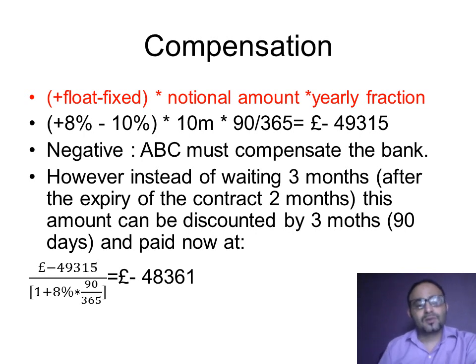So that makes it minus 49,315 divided by 1 plus, and we discount by the spot rate at the date when the forward rate agreement starts applying. That gives us an amount of minus 48,361.